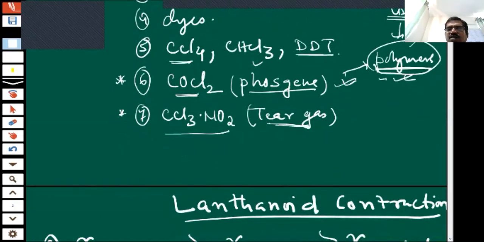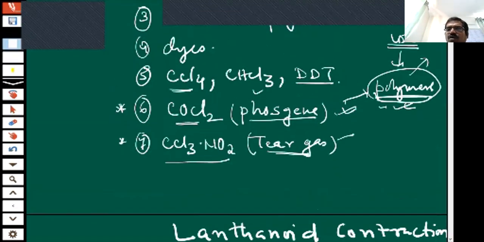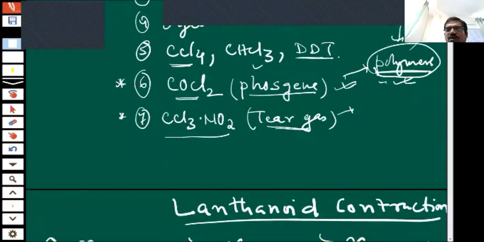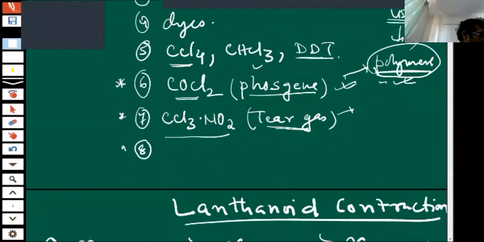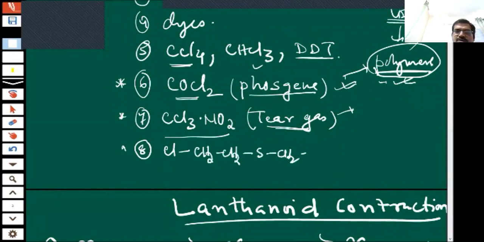Now tear gas is a very important tool in controlling the crowd and all. Okay, children. Anyhow, one more gas is there. Its formula is Cl-CH2-CH2-S-CH2-CH2-Cl.